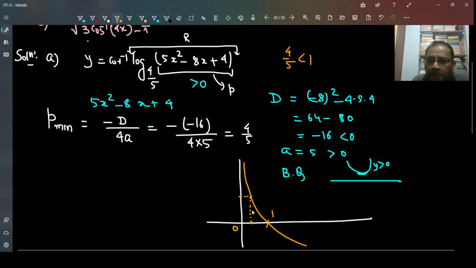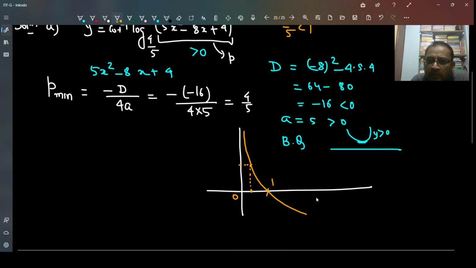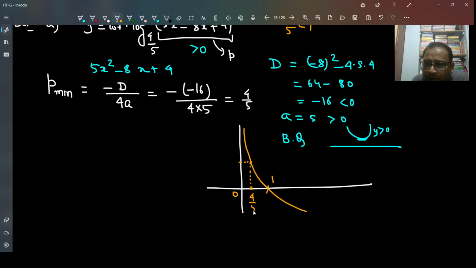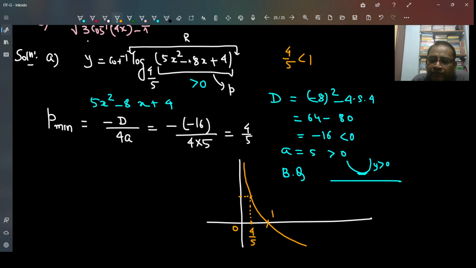When the quadratic expression has its minimum value 4 by 5, and the base is 4 by 5, the log is 1.